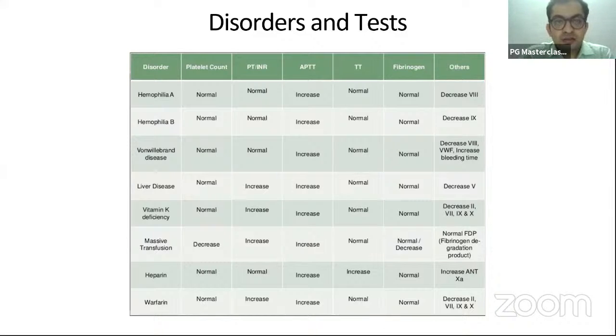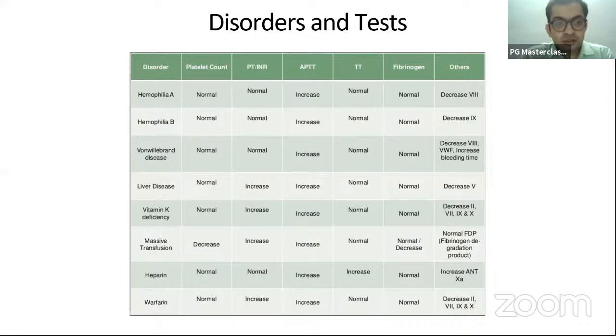Von Willebrand disease also shows an increase in APTT because von Willebrand's factor is necessary for the activation of factor 8. In liver diseases, both PT-INR and APTT are increased due to decreased formation of thrombin, factor 2, which is a vitamin K dependent factor. Similarly, in vitamin K deficiency, both PT-INR as well as APTT are increased.